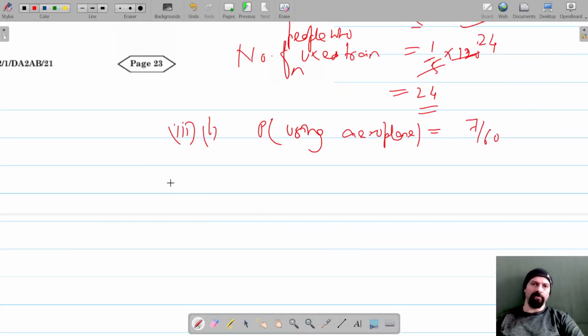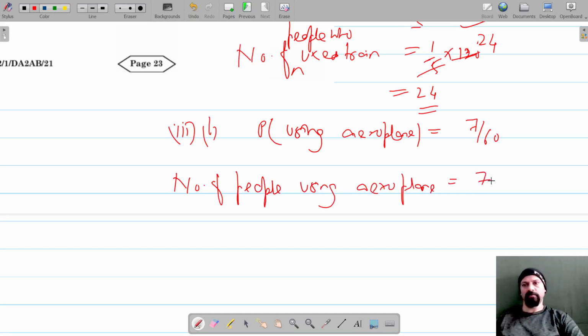And we have to find the number of people using aeroplanes. So the number of people using aeroplane is probability multiplied by the total people, which is 120. So 2, and this is 14. So 14 people are using airplane as the mode of transport.